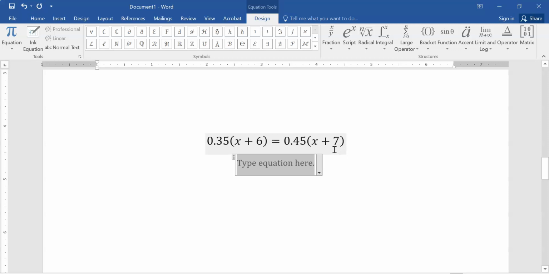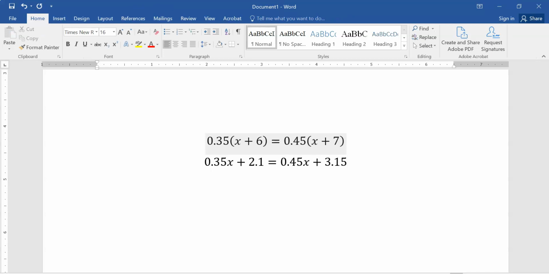So we're just going to distribute that. 0.35 times x plus, and I'm just typing this in on my calculator, 0.35 times a positive 6 is a positive 2.1. 0.45 times x is 0.45x plus, well, 0.45 times 7 is 3.15. Again, that's just calculator work.